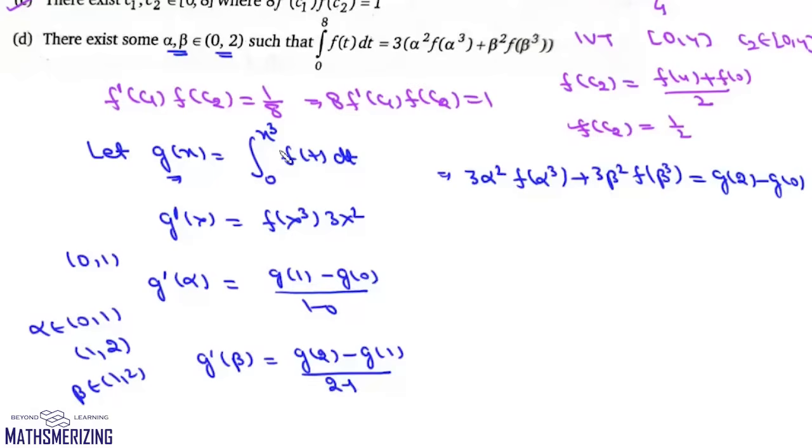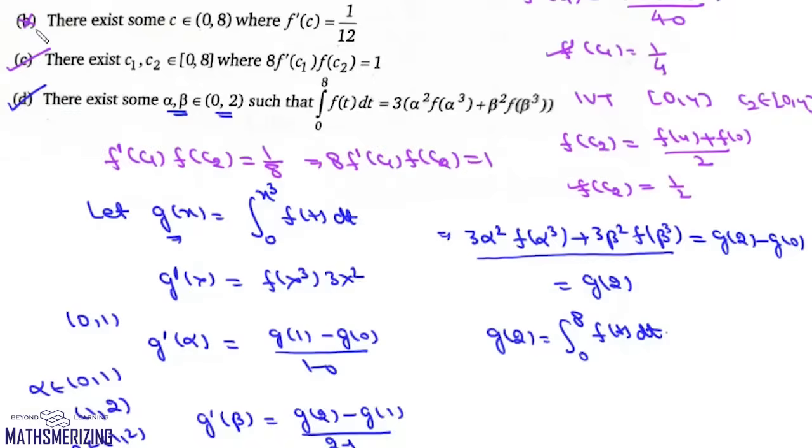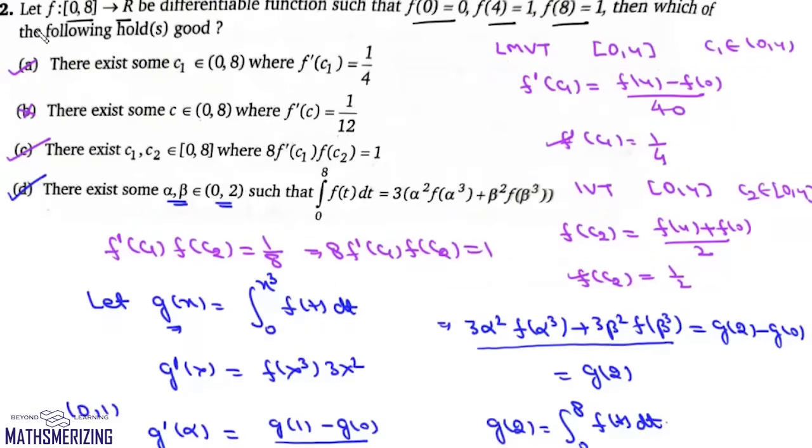Now g0 is 0, so this is equal to g2, and g2 is this integral from 0 to 8 f t dt. So from here we can say this integral from 0 to 8 f t dt will be equal to 3 alpha square f alpha cube plus 3 beta square f beta cube. So that means this option D is also correct. So correct options are A, C and D.